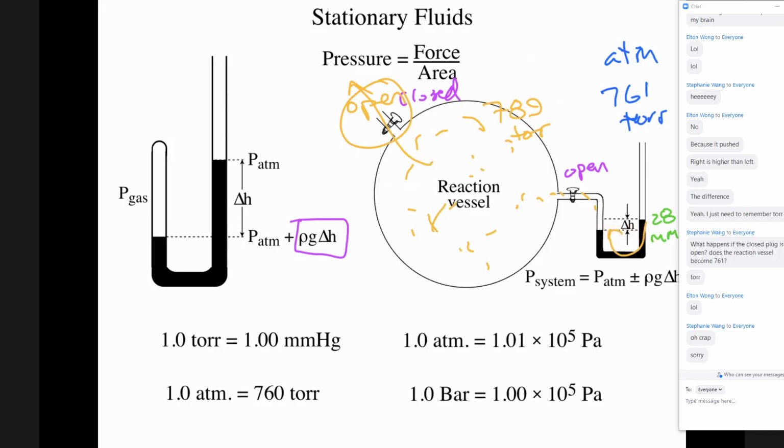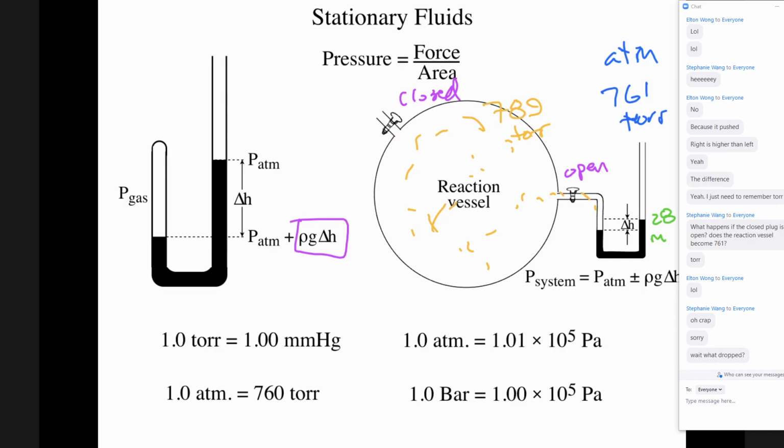Okay, so here's my question to you. Let's say we didn't open it and it still dropped. How would you explain it? Still a closed system somehow. If this height dropped here, but this remained closed, how could you explain such behavior?